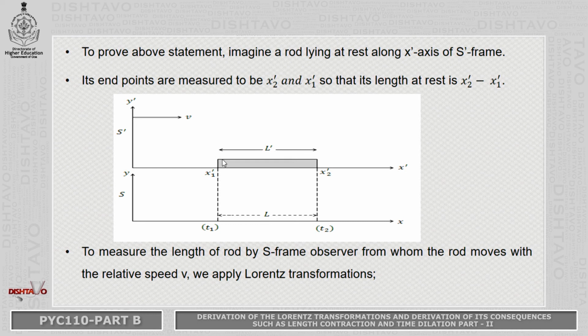Now this rod is in the S dash frame and the frame is moving. So to measure the length of the rod from the S frame observer, for whom that rod is moving along the x direction with the relative speed v, we have to apply the Lorentz transformations, because the endpoints x2 dash and x1 dash, when observed from the S frame, will undergo the Lorentz transformation.